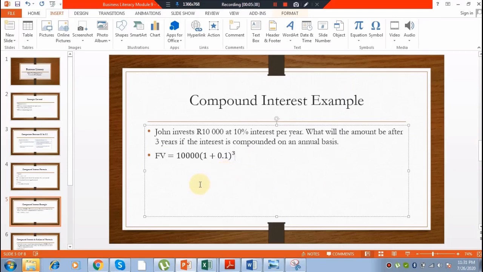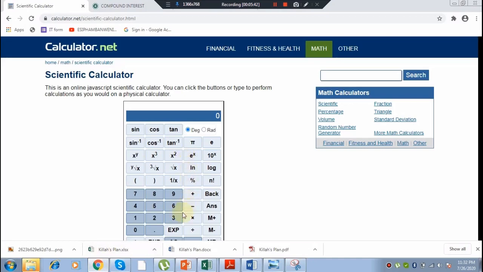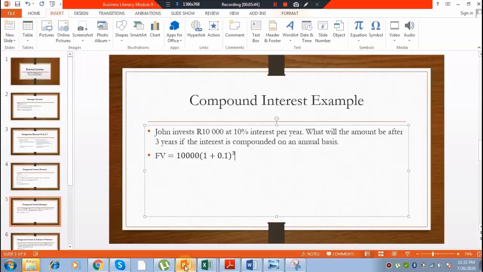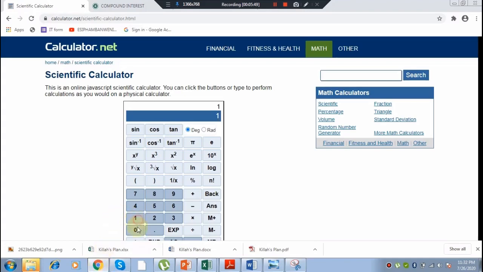I'm going to go to an online calculator, and I'll be checking with it. So 10,000, that's how much he is investing today. Open brackets, 1 plus 0.1, which is the 10%.